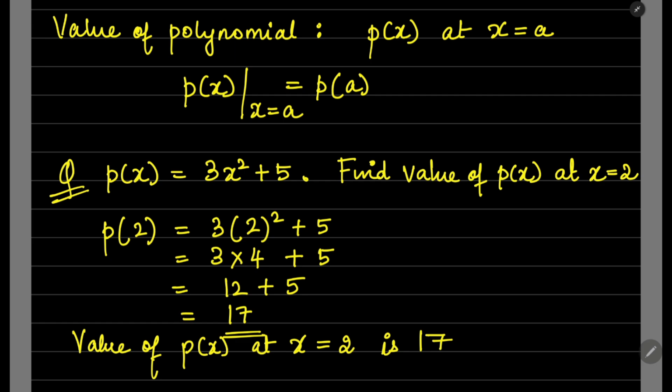So that's the answer. It's such a very simple concept, right? You will be given a value of the variable, that is x equal to 2, and you have to just substitute and find the value of p of x at that variable value. Let us see another question.